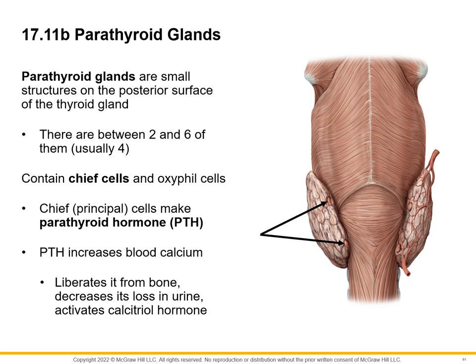Remember, the thyroid produced calcitonin from the parafollicular cells, or the C cells, which helped to lower blood calcium. PTH, the antagonist, does the exact opposite. It increases blood calcium through its effect on the bone, urine, and calcitriol, which is active vitamin D.